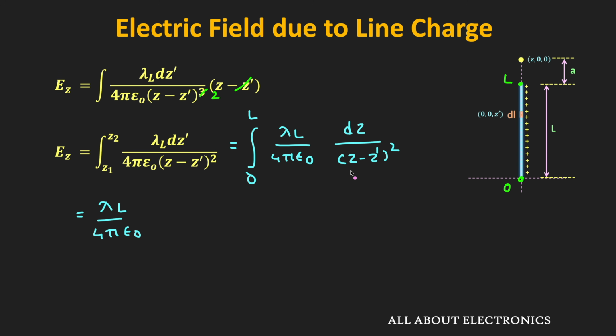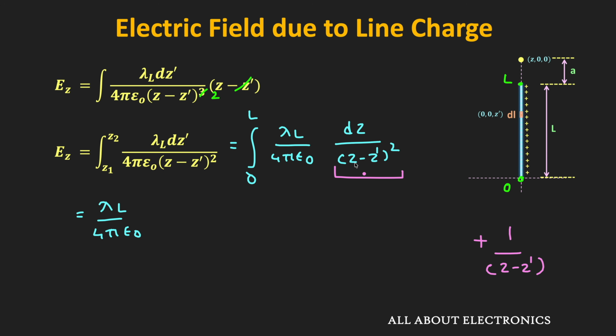And here if you see, then the integration of 1 divided by (z minus z dash) whole square will be equal to minus 1 divided by (z minus z dash). And once again, here the differentiation of minus z dash is equal to minus 1. So because of that, here we will have the plus sign.